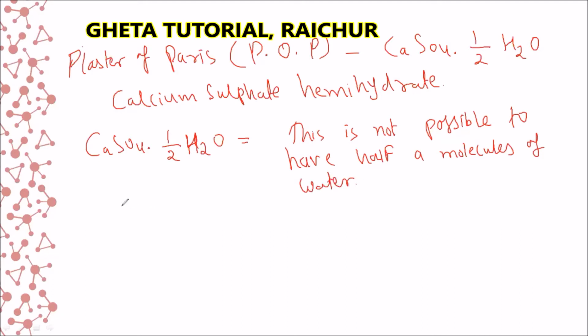So actually we can write plaster of Paris by multiplying by 2: 2CaSO4·H2O.